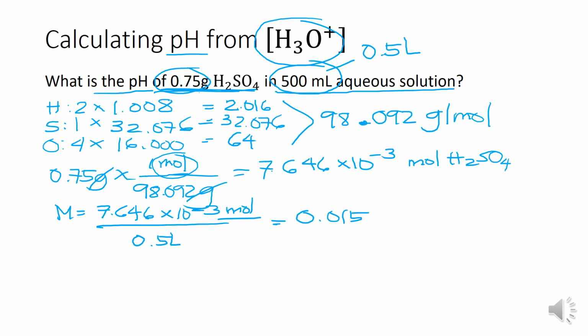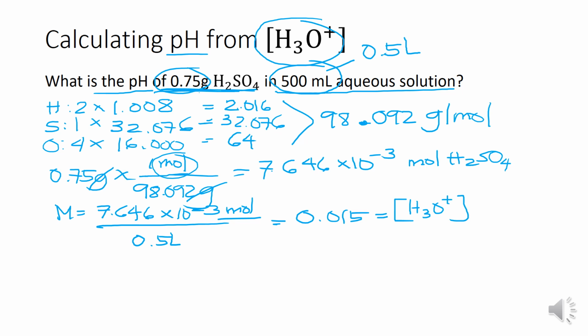We now have the molarity of sulfuric acid. But remember in the previous slide, for 1 mole of sulfuric acid, we will be able to produce 1 mole of hydronium ion. So we can say that this is also the concentration of hydronium ions.